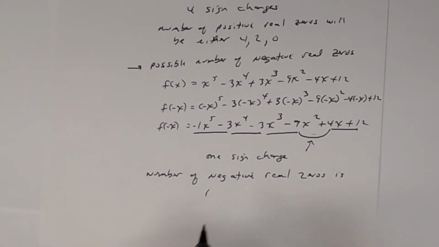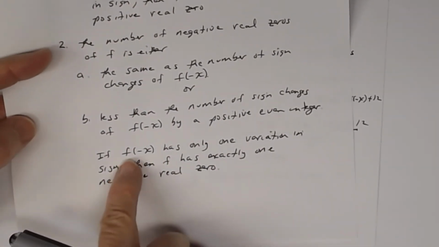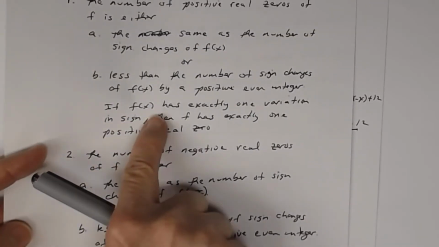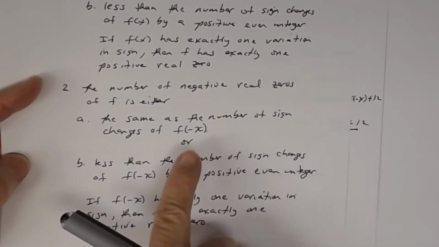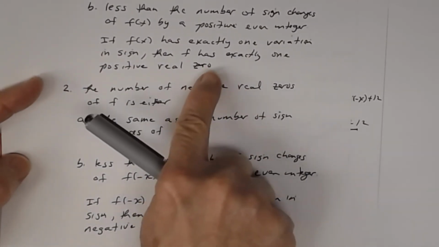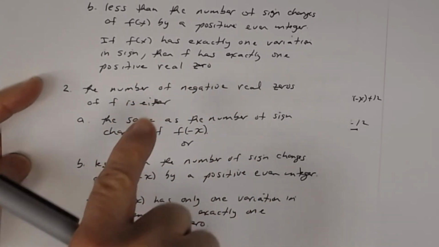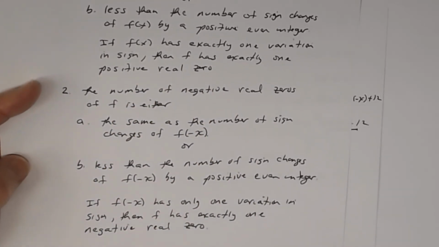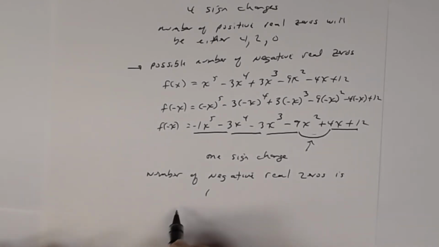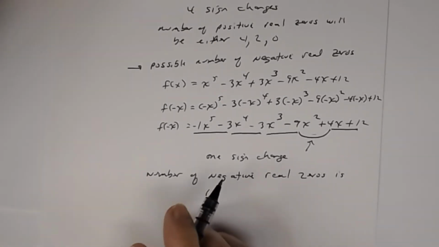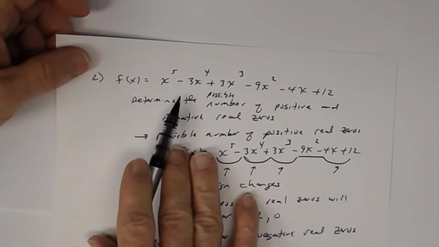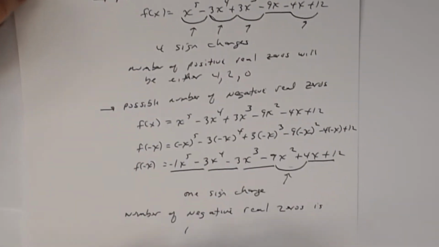Now you remember a while ago it says this. How many sign changes were there? That was just one, right? That was just one sign change. So that means that if f of negative x has exactly one sign change, then your function has exactly, in this case, one negative real zero. So when you do find the zeros, one of them will be negative.